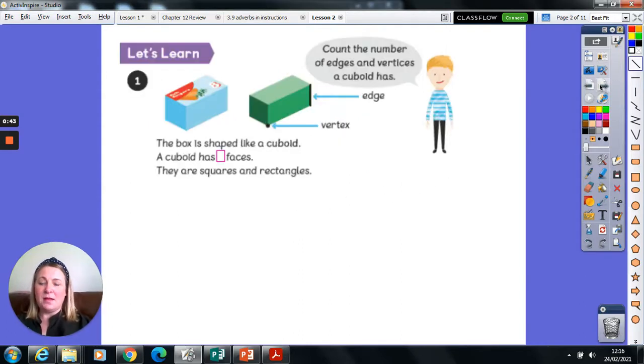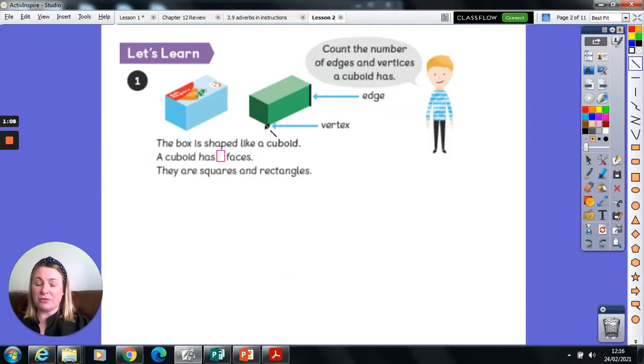Okay, let's learn. So the box is shaped like a cuboid. We looked at cuboids yesterday and we realised some of the faces could be square, but it also had rectangular faces. How many faces would that have? Well, some are hidden from view on this representation here.